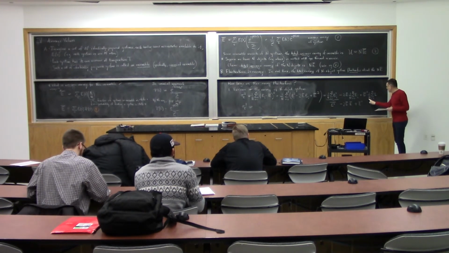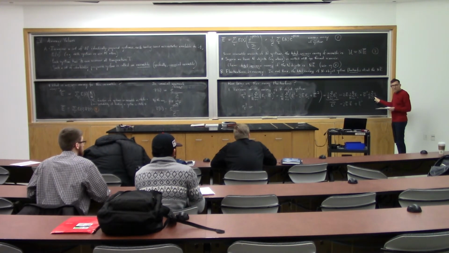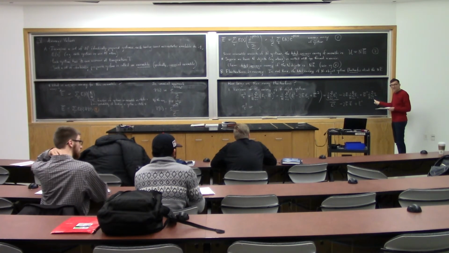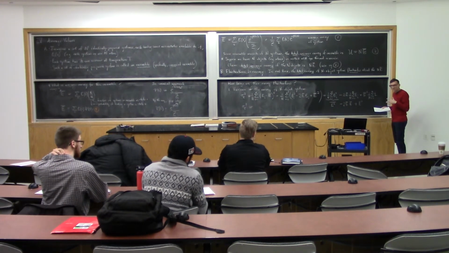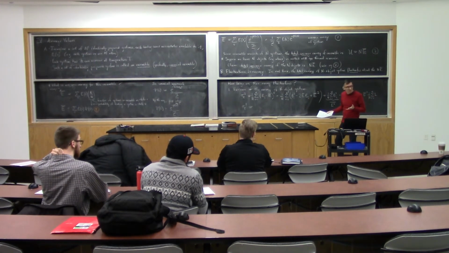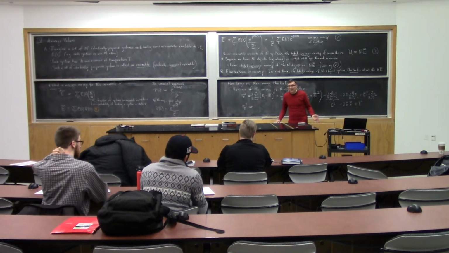There's a 1 over n, but what is this sum going to give me? What do I get when I add up 1 in this sum? What do I get when I add up 1 n times? N, right?